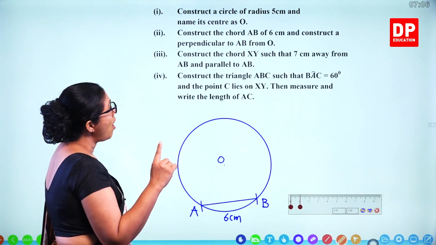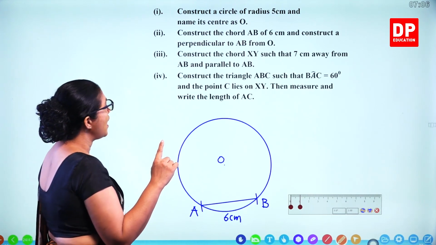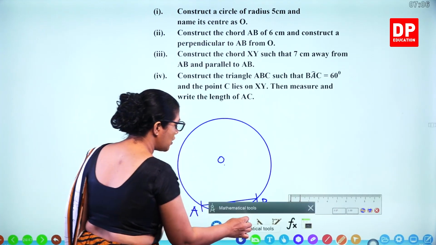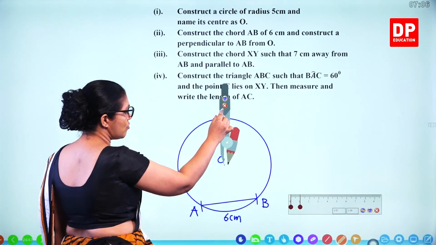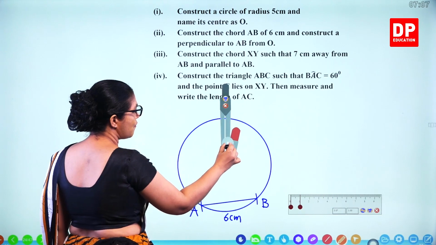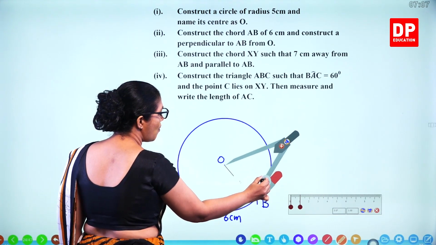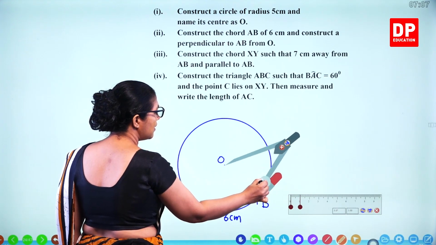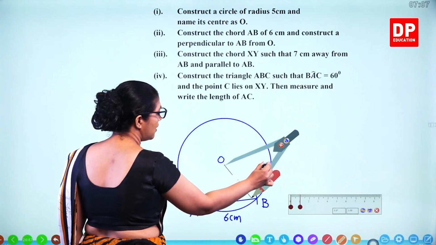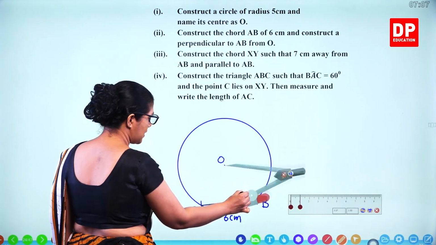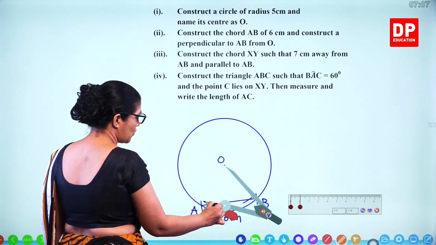Now you have to draw a perpendicular to AB from O. So how do you draw a perpendicular? You have to take the compass. Take any distance from O and see where it cuts the AB line. So here one point is here. What's the other point? This one.